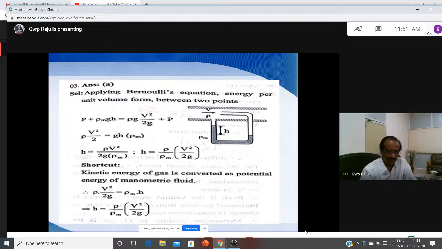Then the pressure energy is the density of the mercury into height. Kinetic energy is converted, so these two can be equated.